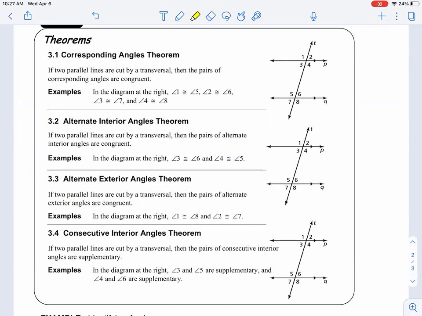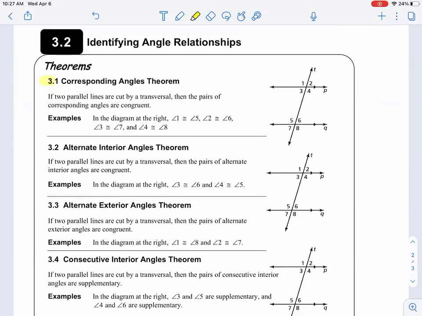Okay, the first one, and I've thrown this word out, but we haven't formalized it, are corresponding angles. In fact, I would just highlight corresponding angles. Angles that correspond are ones that are in the same spot.